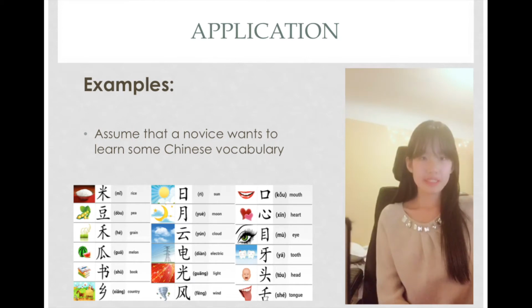First example, assume that a boy wants to learn some Chinese vocabulary. There are many ways for him to learn, such as using simple symbols, drawing related pictures, and writing definitions or information. If related pictures are much better and clear, it's unnecessary to write definitions or information because it may increase working memory load.